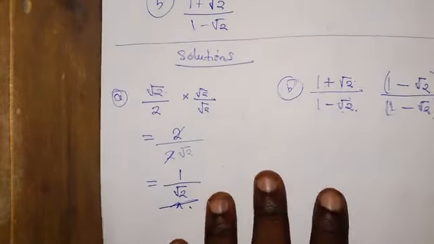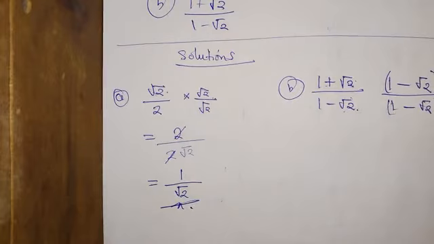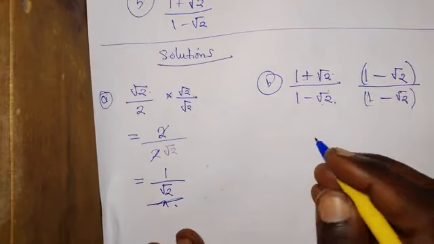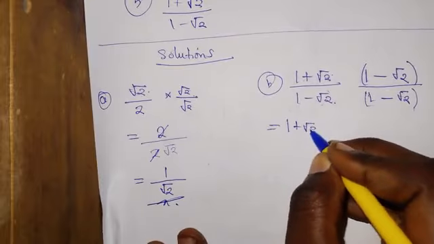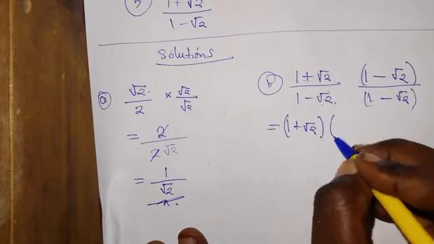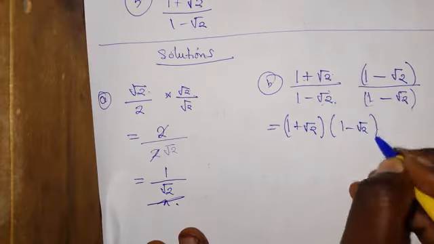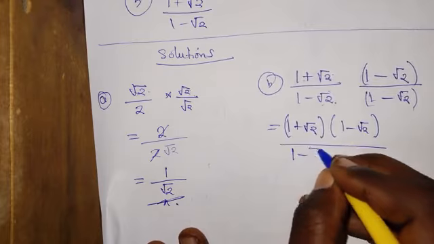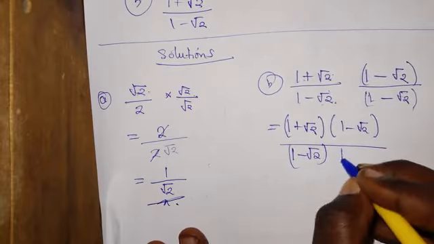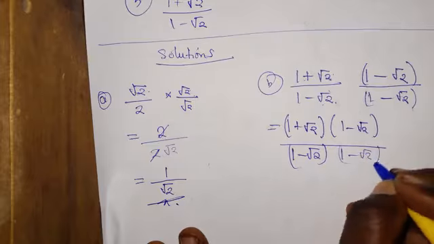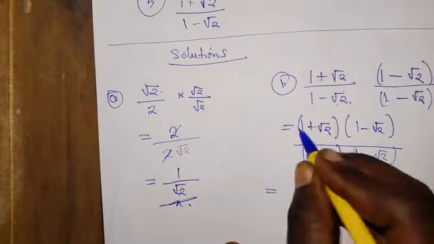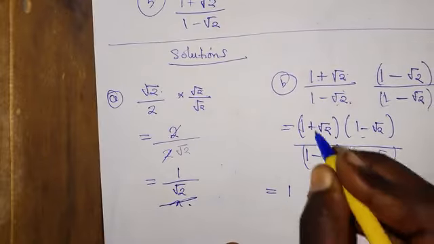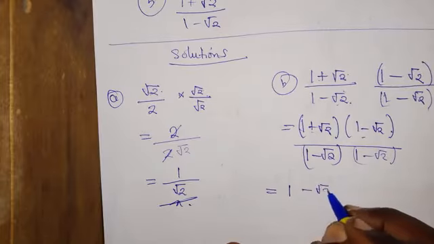So if that is the case, what is going to happen now? We can break through. We're going to have 1 plus root 2 times 1 minus root 2, over 1 minus root 2 times 1 minus root 2. Break through. 1 times 1, that's a 1. 1 times this, negative root 2.